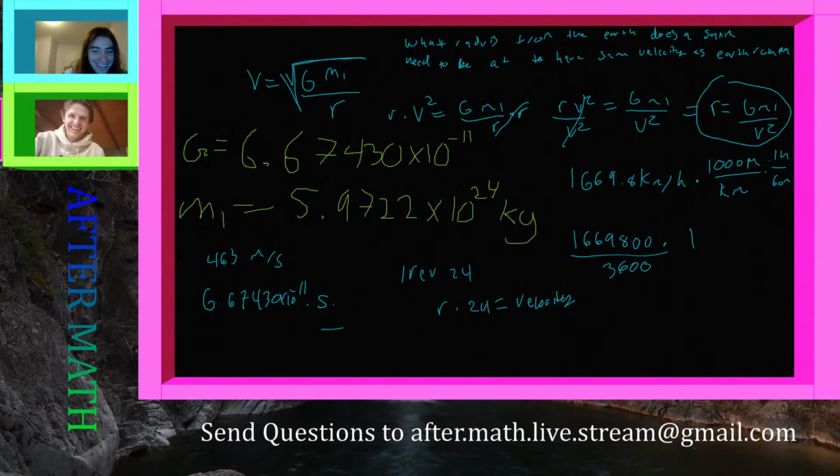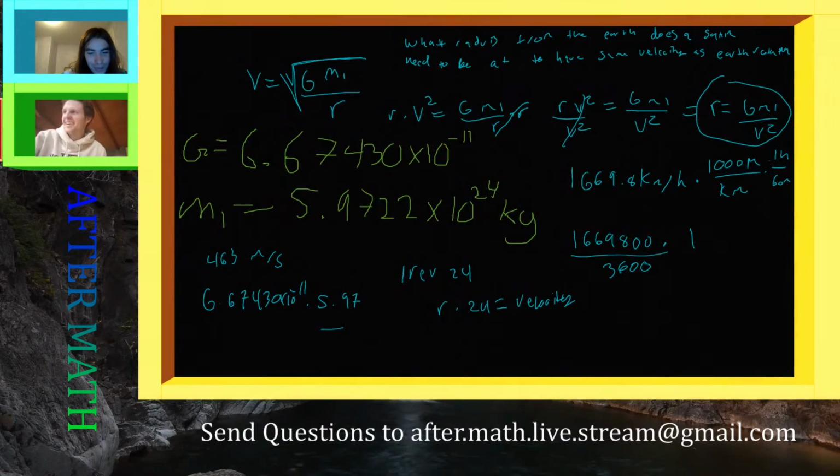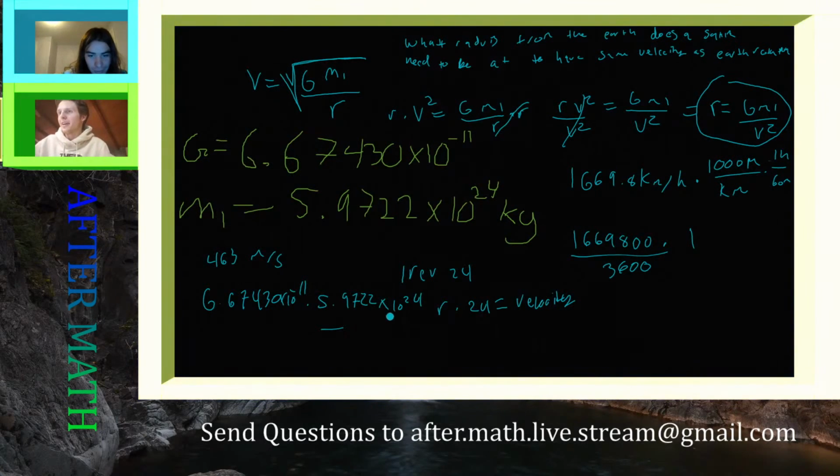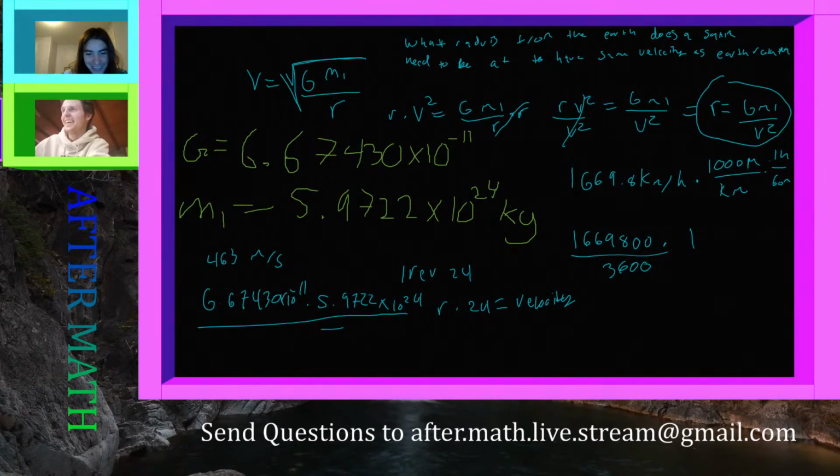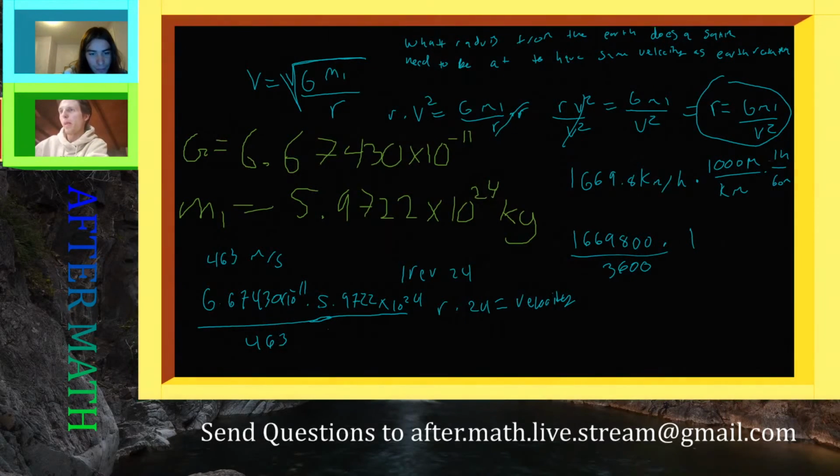The important thing is, are we at the same sig figs on all of our numbers? Because it's not looking like that. All right, so now we plug that into a calculator, and we get what?